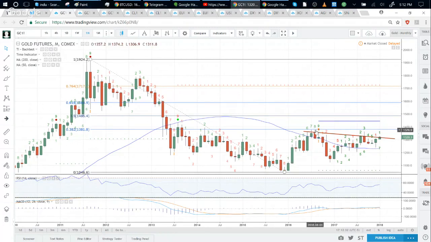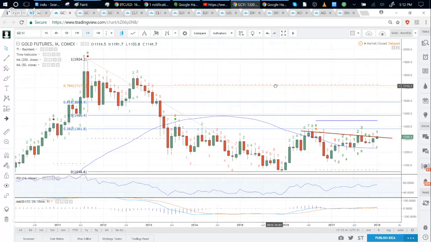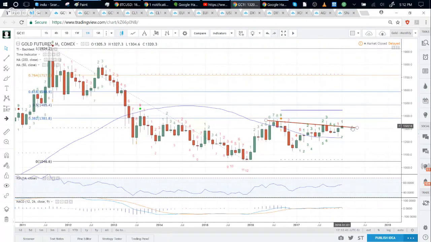Look how nicely it took you into the 38% upswing, and we've been lower ever since. We do have this little trend line, and we're still sticking under the trend line. This 9 in connection with the Fibonacci gave you a nice sell. This 9 in connection.